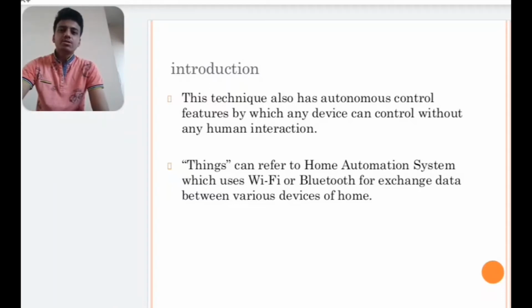The machine can take its own decisions and it can go along with the process easily. Then the next point is, the things can refer to a home automation system which uses Wi-Fi, Bluetooth for exchange of data between various devices of home.